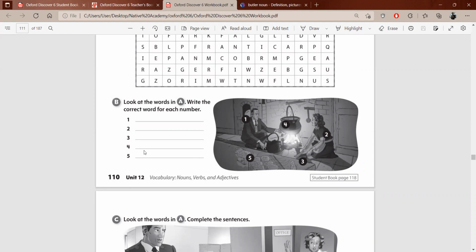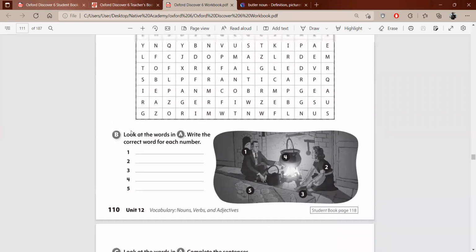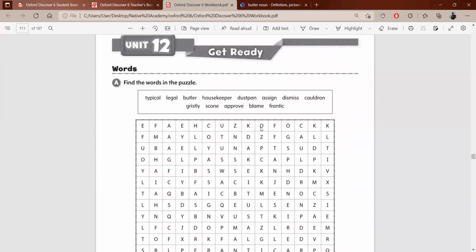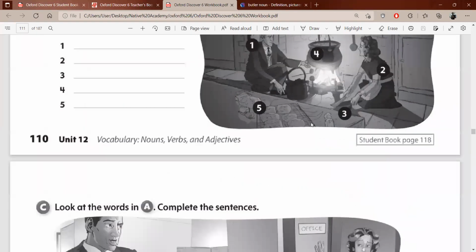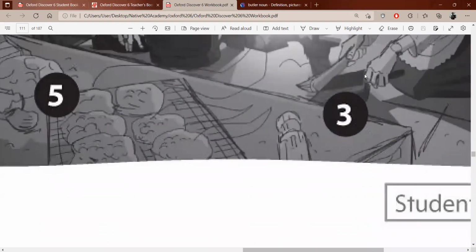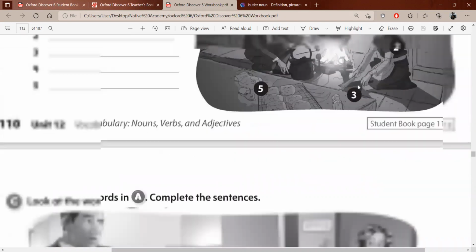Number two, the housekeeper, of course. Number three is the dustpan, of course.